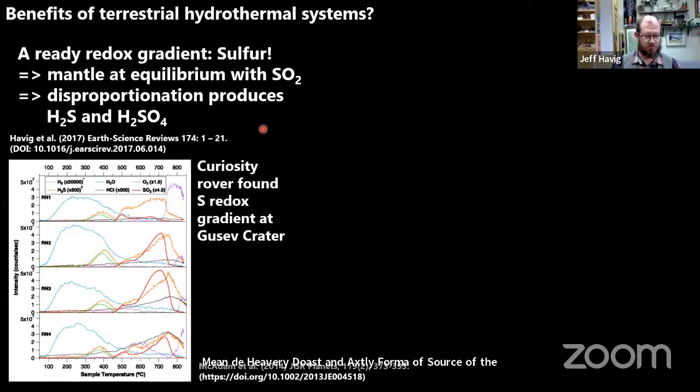And so this provides a ready redox gradient that the microorganisms will have available to take advantage of for metabolisms. And just as a fun side note, the Curiosity rover has found both reduced and oxidized forms of sulfur in Gusev crater. So just evidence that Mars would have the same process. You still have a redox gradient being provided from the subsurface.